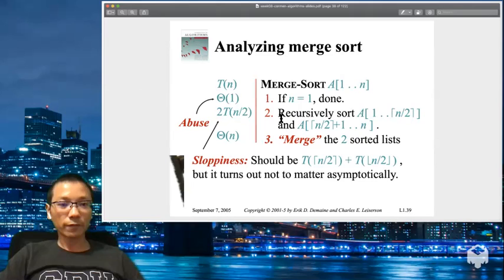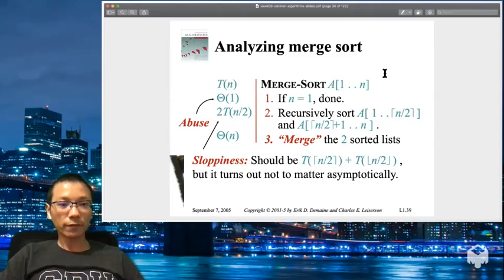You're breaking down a larger problem into smaller problems. By solving the smaller problems and somehow combining them, you solve your final large problem. So in this case, this is how much time it takes if n is greater than 1. When n equals 1, it is theta of 1, a constant.